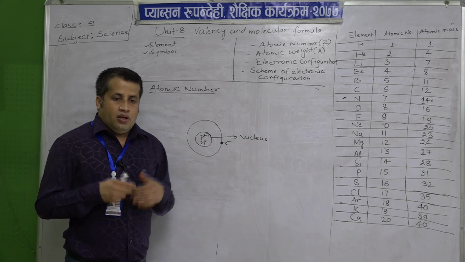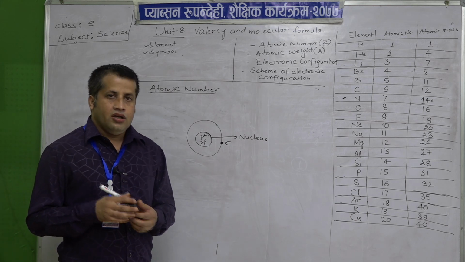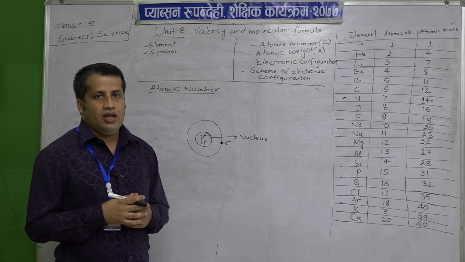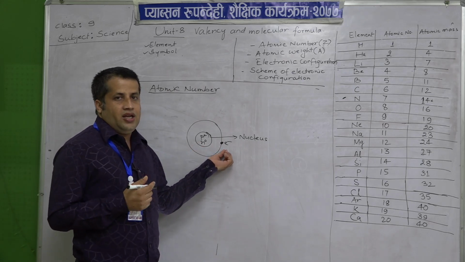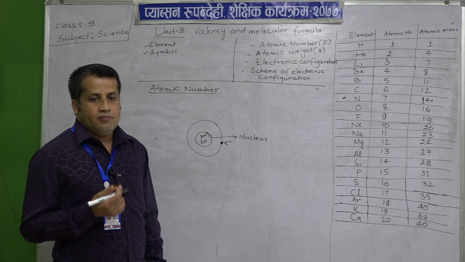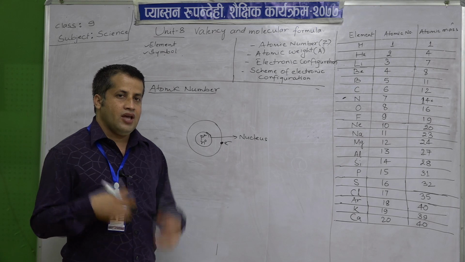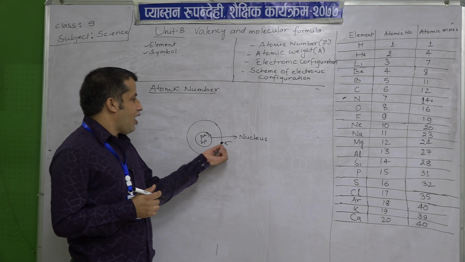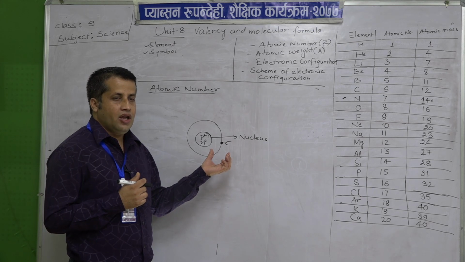Now, an atom is the smallest particle of an element, and the number of electrons present in an atom differs from element to element. Some elements may have a small number of electrons, and some may have more. We have studied that electrons are arranged in shells around the nucleus of an atom.